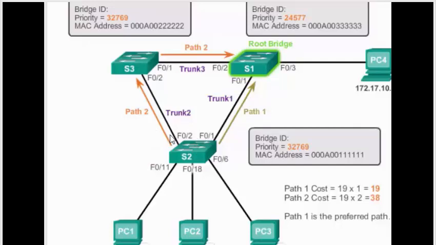Spanning Tree Protocol configures path 2, which is the redundant path, to be blocked, and this is how STP prevents a loop. So the path cost is equal to the sum of all port costs along the path to the root bridge. The path with the lowest cost becomes preferred, and all other redundant paths are blocked.